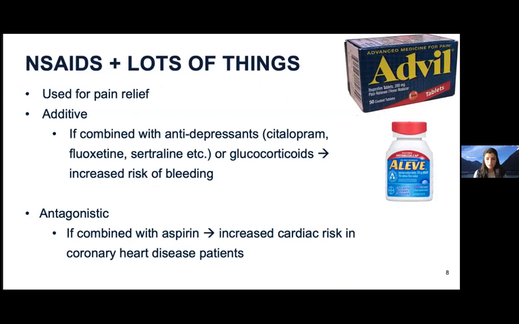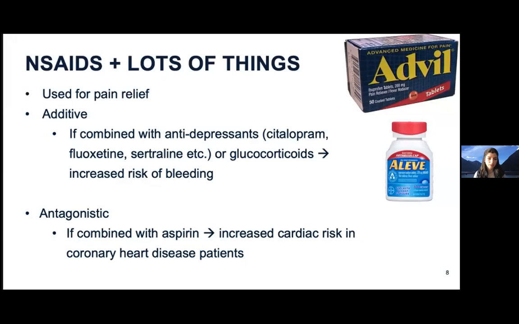So when combined with certain antidepressants, so with prescription medications, so things such as selective serotonin reuptake inhibitors, so this includes medications such as citalopram or fluoxetine or sertraline, there's a really long list of them.